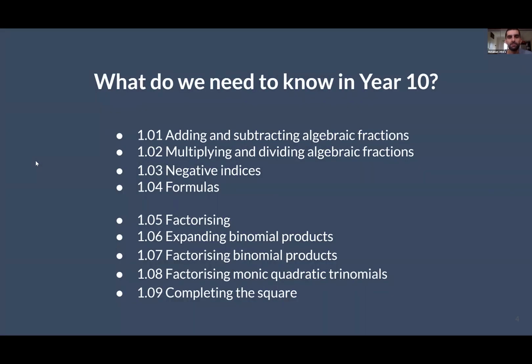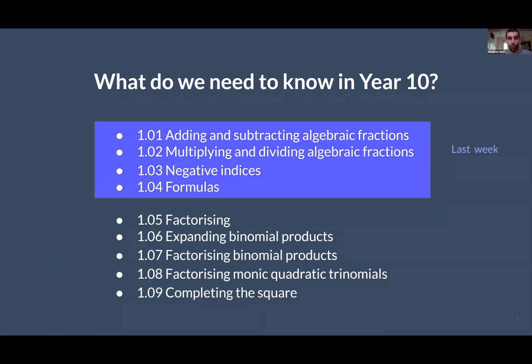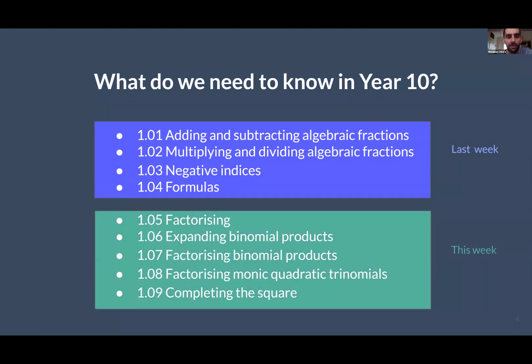Okay, so we're going to do algebra. Last week, we covered the first 4 subtopics inside Mathspace. This week, we're going to be covering the last 5 subtopics. So it's going to be condensed. We're going through a lot in an hour. So I'm going to assume that this is not the first time that you've seen this.